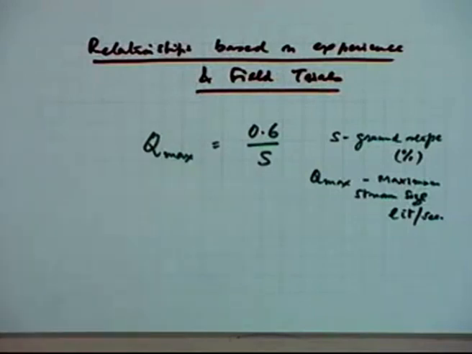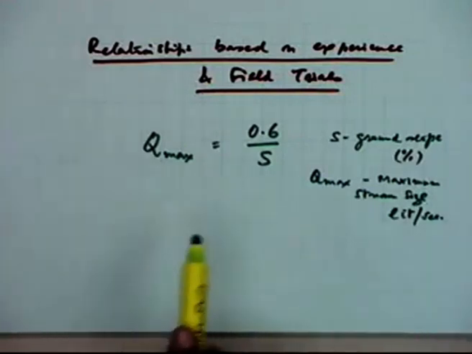This is a very crude relationship. In fact, if you look at it from the point of view that it is not having any parameter which is soil dependent, since you know that the maximum stream size should be based on some parameter which is dependent on what type of soil is the prevailing soil.